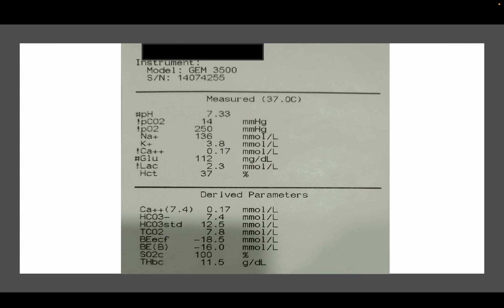So let's carry on down here to the HCO3. It's a little further down. Let's go with the standardized HCO3 bicarb, 12.5. Now, is that too high, too low, or just right? So a 12.5 bicarb level, definitely too low. Outside of our normal range.